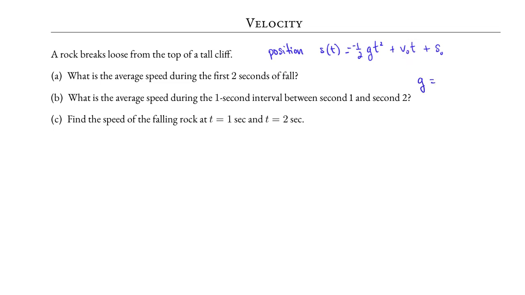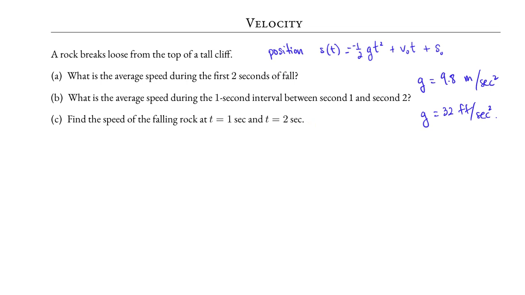The gravity g is either 9.8 meters per second squared if the metric unit is used, or it is 32 feet per second squared if the customary unit is used. In this case, it is not clear whether meters or feet is used, so we're going to have to pick one.